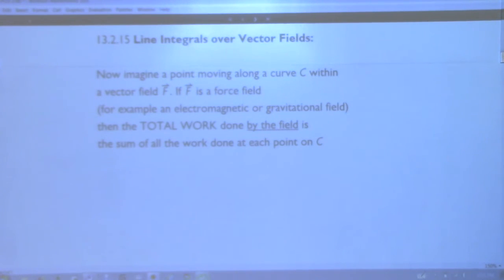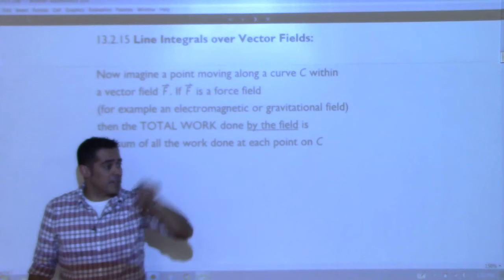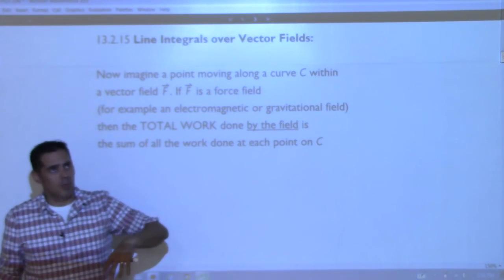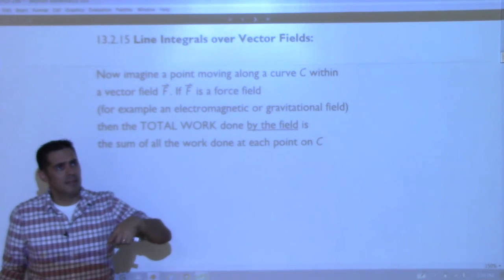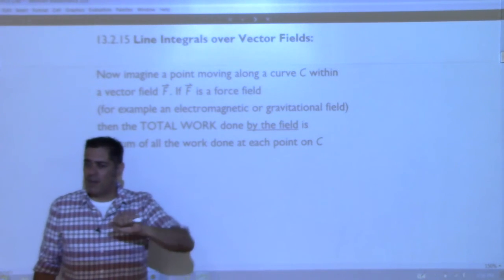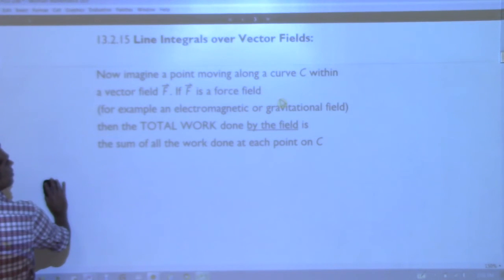Okay, so now imagine a point moving along a curve C. We're going to be in two-dimensional space right now. Imagine a point moving along a curve C within a vector field. Remember, we started this chapter with vector fields: at every point there was a vector, like magnetic or gravity.